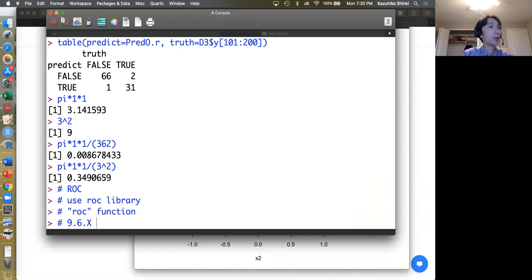Within the tube, that is within a certain distance from the curve, we ignore the error size. But outside of the tube, we penalize those observations. So it's similar to support vector machines. The support vector machine only penalizes observations which violate the rule, but if observations are classified correctly, then we don't penalize at all.